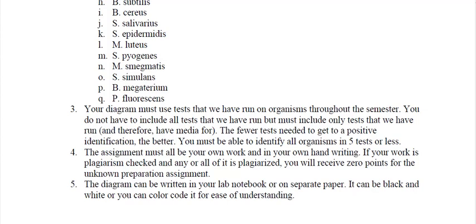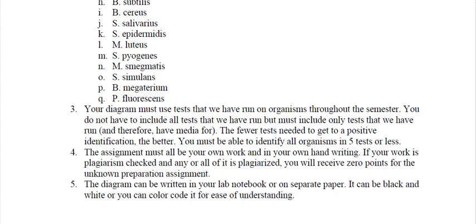So what you would do, however, is attempt to identify that bacteria with the fewest resources possible, so that money isn't spent, that money isn't going to the patient, etc. So you want to make sure that your diagram or your flowchart is utilizing the fewest number of tests.